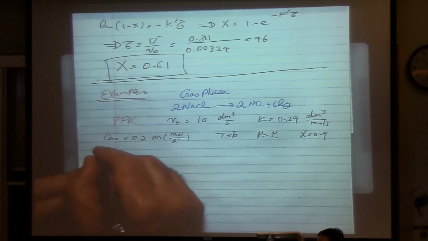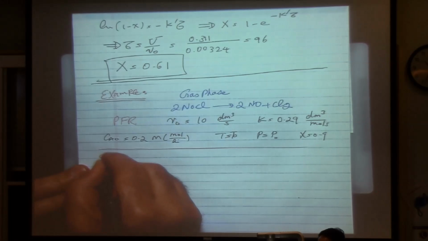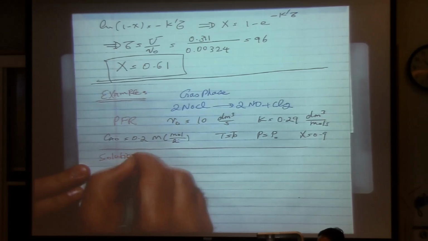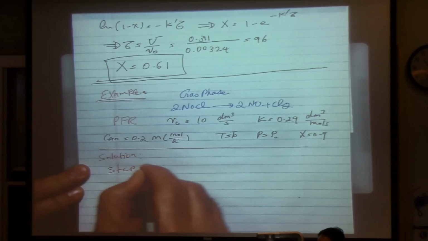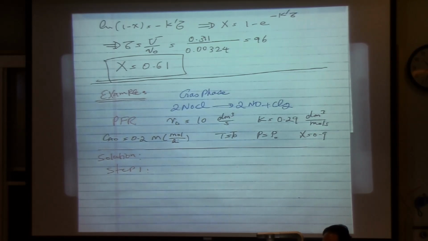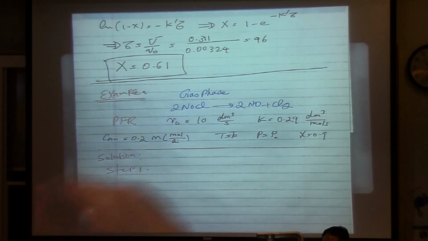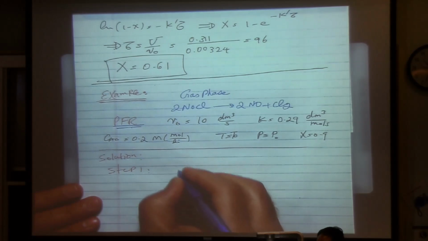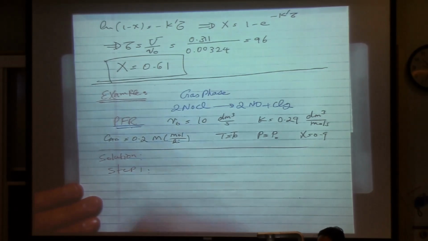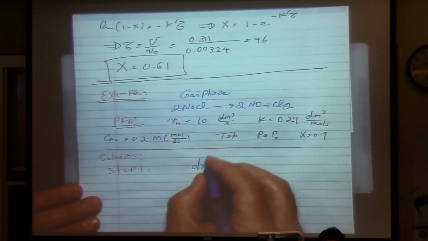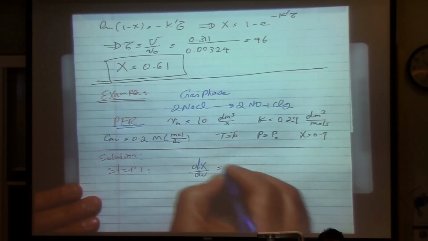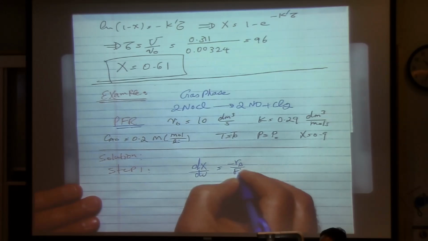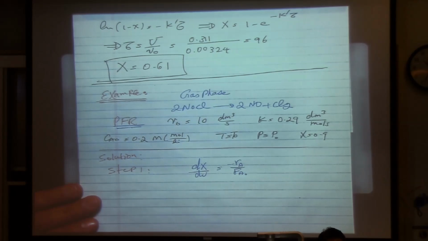Okay, step 1. Solution. Step 1, always with the design equation. We have a PFR, so we just did it in the previous example: dX/dV is minus rA over FA0.